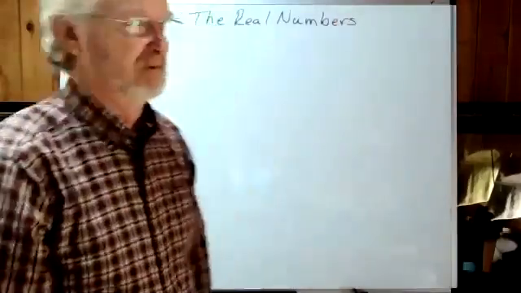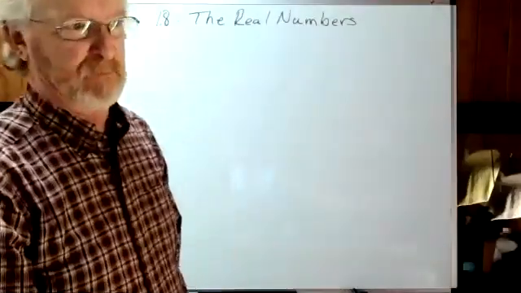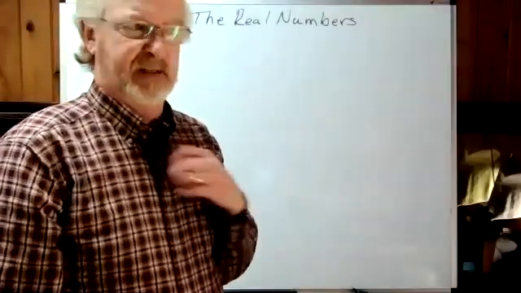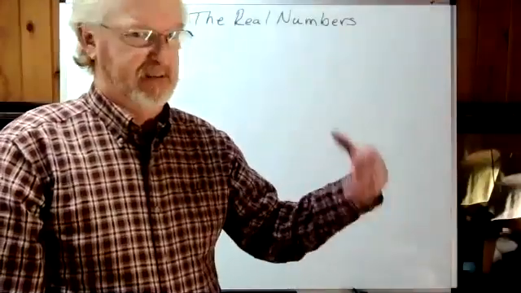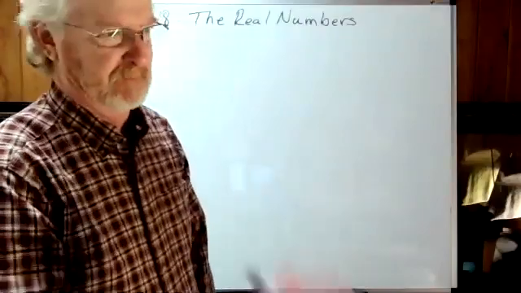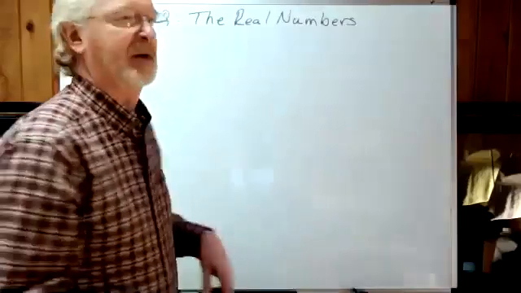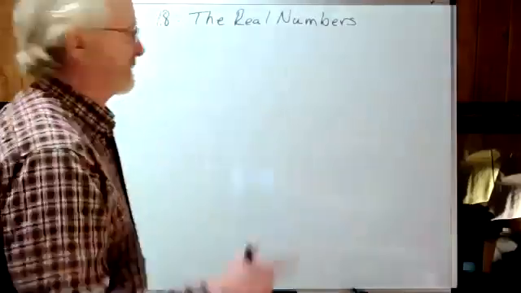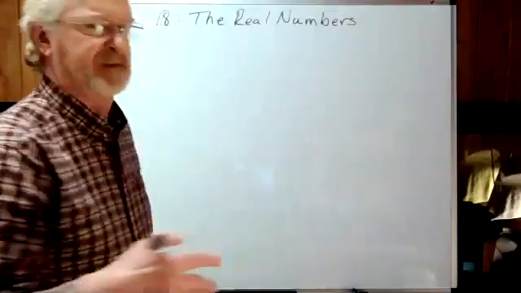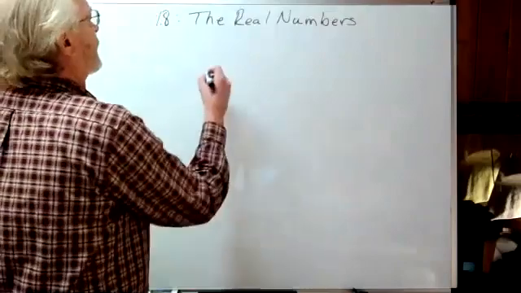Historically, these sets of numbers that we've been working with all got clumped together and called the real numbers because eventually they invented something that they decided to call not a real number. You don't have to worry about those, but anyway, I'll tell you when we get there, okay? So we're going to learn about a new kind of number today and give some names to some others we've been working with.